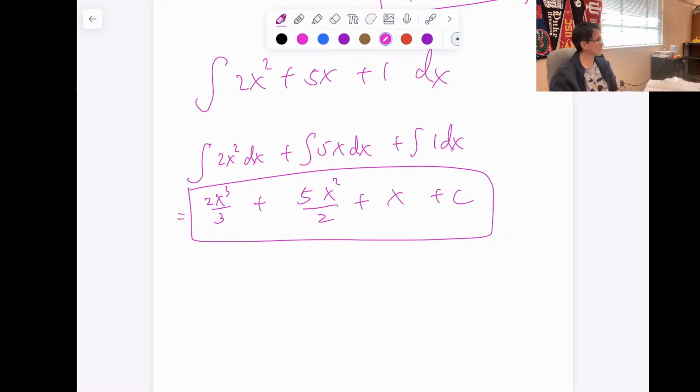You're lost? Okay. Wait, where did you get lost? Which part is confusing, Maya? How you take out the constant. Yeah, you can take out 2 and just take the integration of x squared, like this, right?